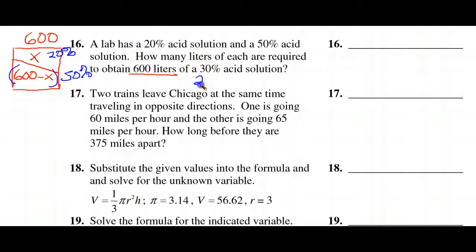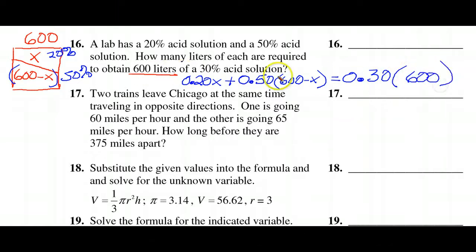So 20% of X plus 50% of 600 minus X, we're just taking it right from our little chart here, is going to equal eventually 30% of 600.